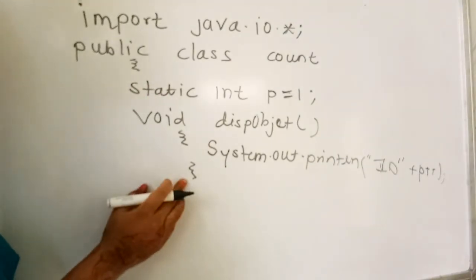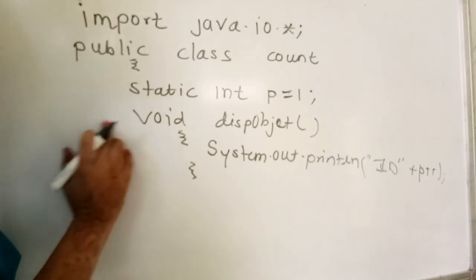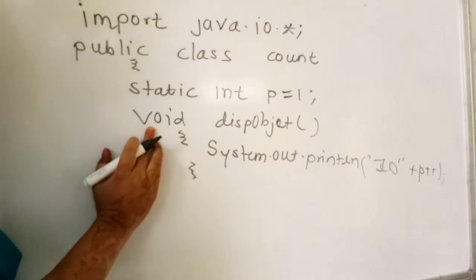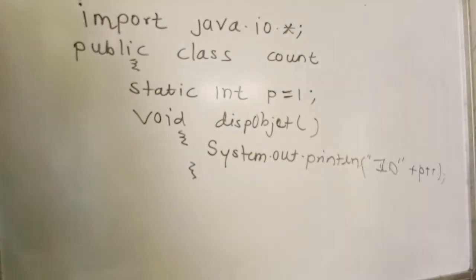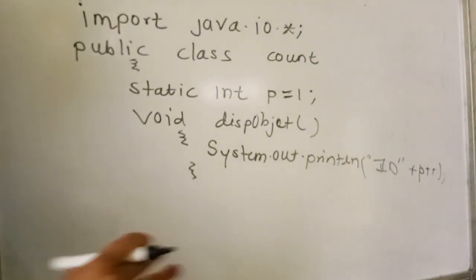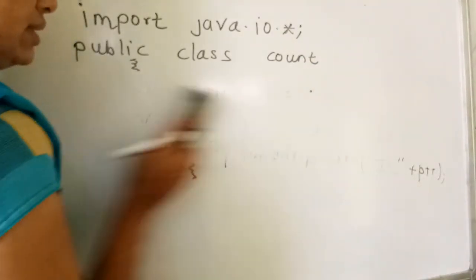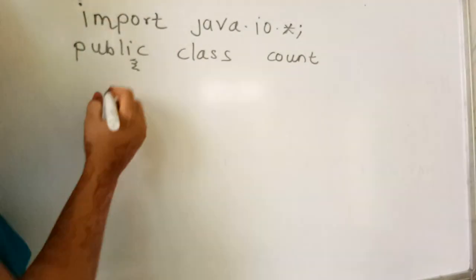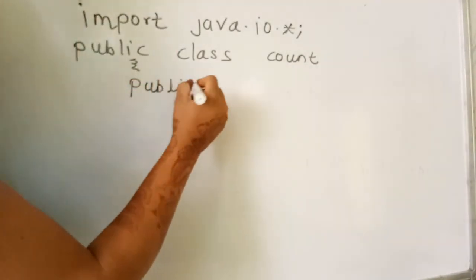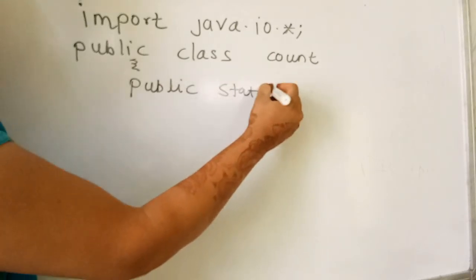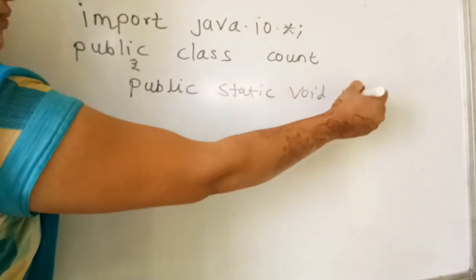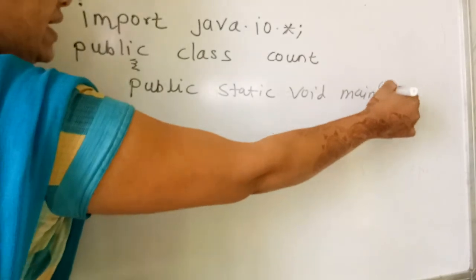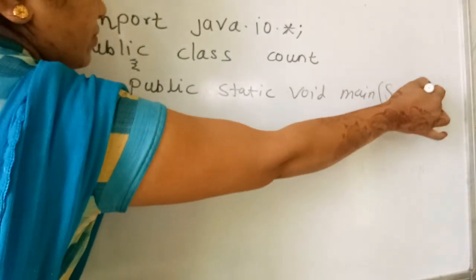We have created one variable, created one method, and now it's time to create the main method. So we will take a main method, that is public static void main, and in brackets String a. Okay.